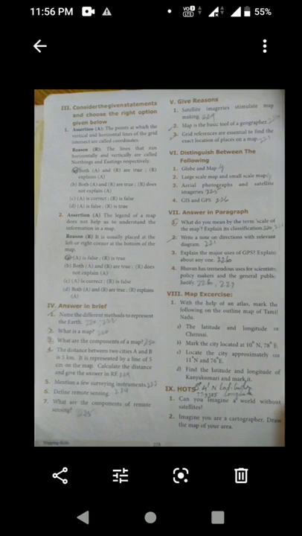Next, the fourth question I will give now. The distance between two cities A and B is 5 kilometers. It is represented by a line of 5 centimeters on the map. Calculate the distance and give the answer in RF. So, representative fraction, already we know the formula: RF equals distance on the map by distance on the ground.